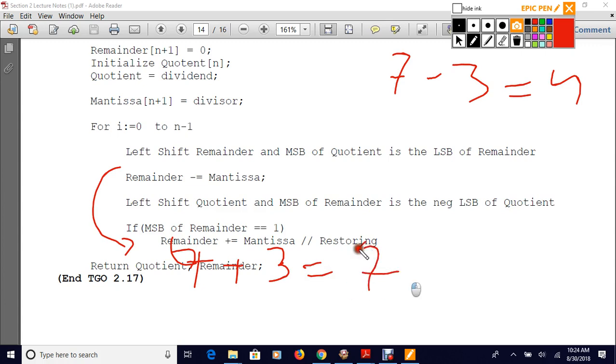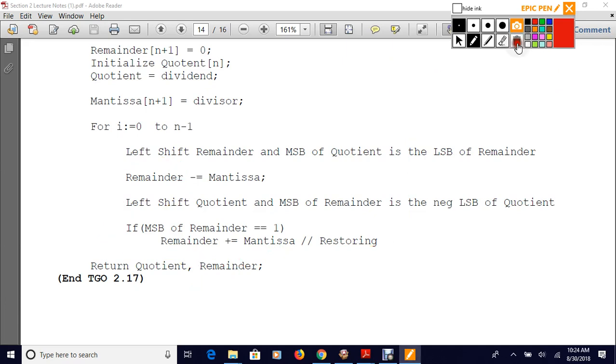Yeah, 7, which is the same as the initial value, right? So if you have to restore, instead of going through a complicated addition, to save yourself time, just find out what the initial remainder was and put that exact same value back. And then after you go through the iterations, or n minus 1 in this case, return the quotient and the remainder.